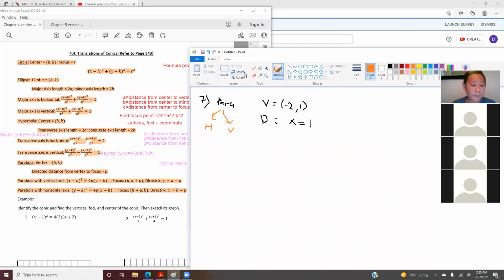Horizontal, because the directrix is x equals. Yep. So this is actually the horizontal one, not the vertical one. It's because your directrix is x equals 1. If your directrix is y equals something, then it is the vertical one. Okay. And when I say horizontal, is that up, down, or left, right? Which one is this one?